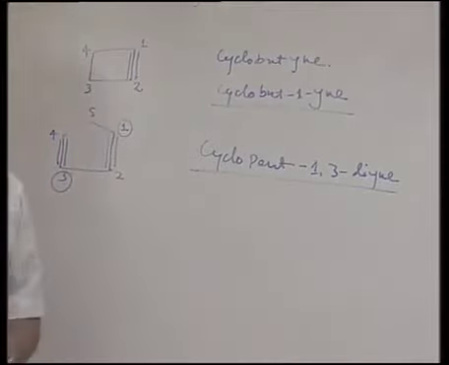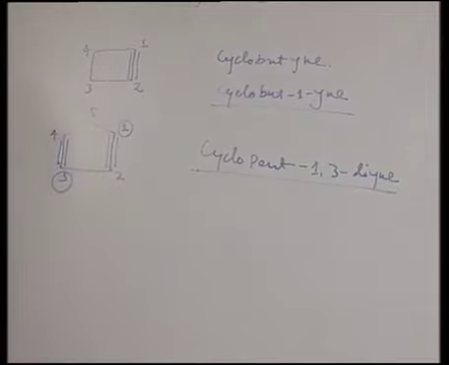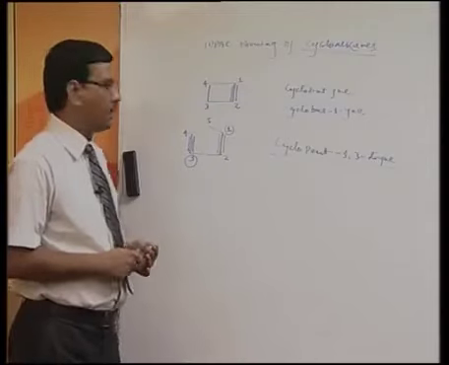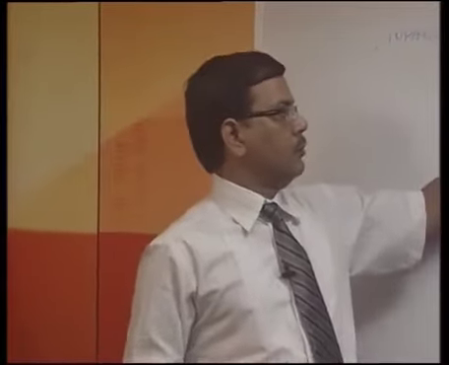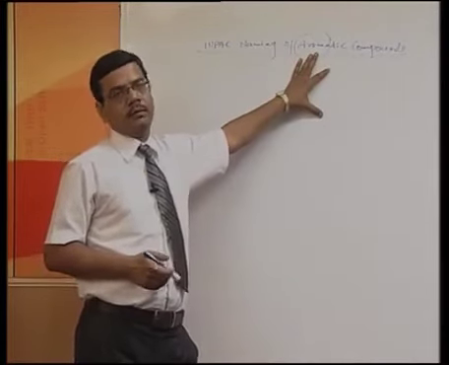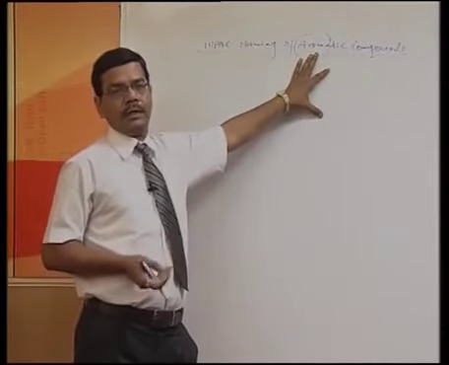Now, let us move to another type of cyclic compound which is known as aromatic compounds. Now, let us learn how to give the IUPAC name of aromatic compounds. You should know that the word aromatic comes from the word aroma, which means good fragrance.